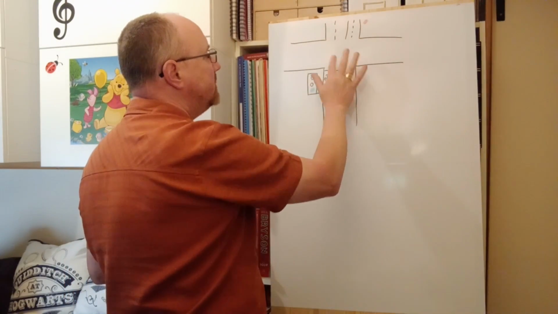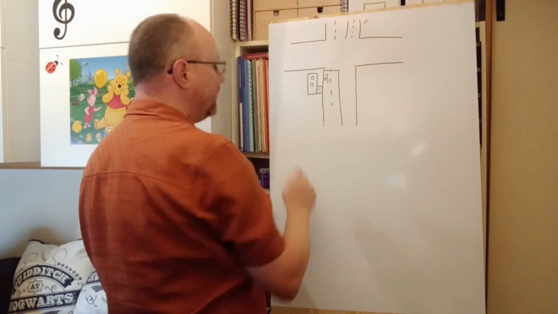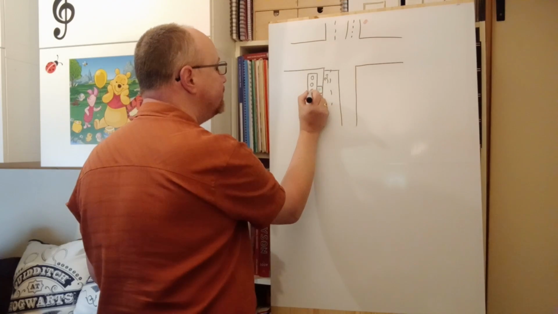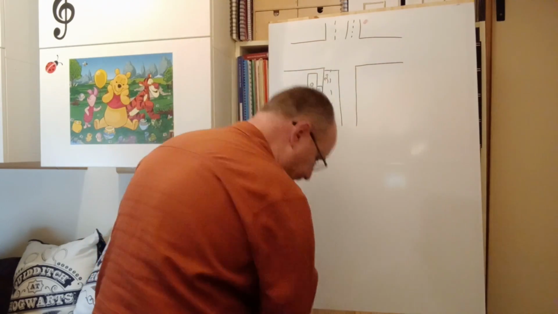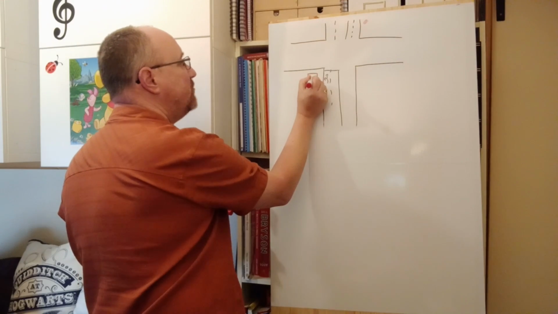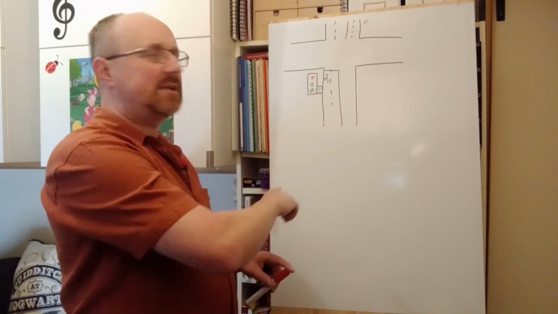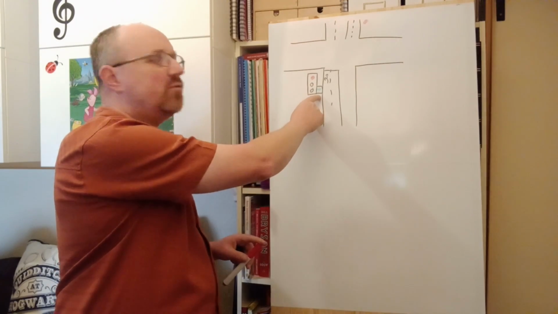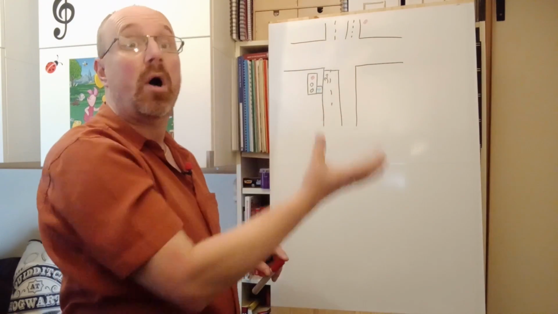Now, what sometimes confuses people is that you can have a green filter arrow at the same time as a red traffic light. So you'll be waiting at the red traffic light, and all of a sudden this green arrow pointing to the right, or maybe even to the left, will just pop on.